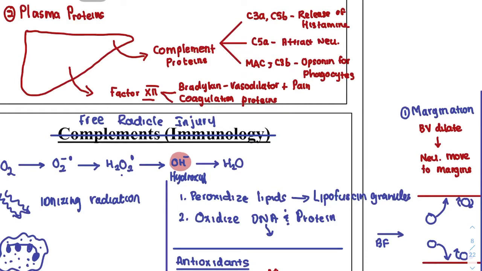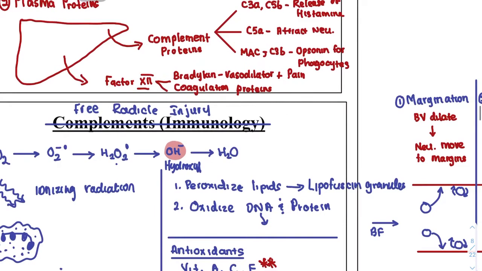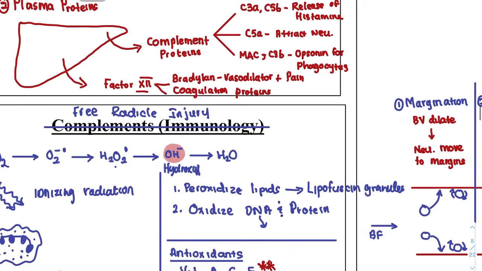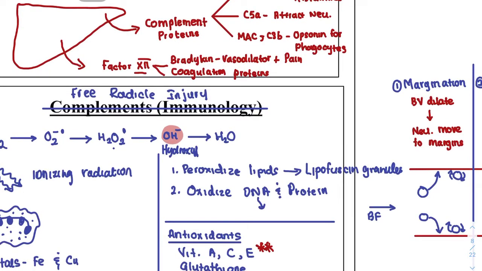So first, C3a and C5a cause the release of histamine, the degranulation of histamine from cells such as mast cells. Then C5a also attracts neutrophils. MAC, membrane attack complex. Again, membrane attack complex.